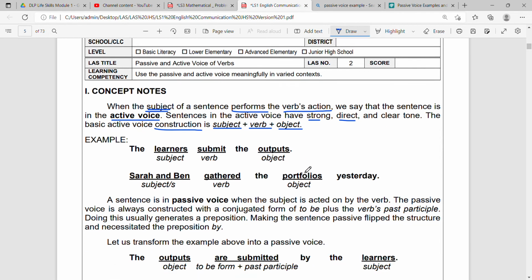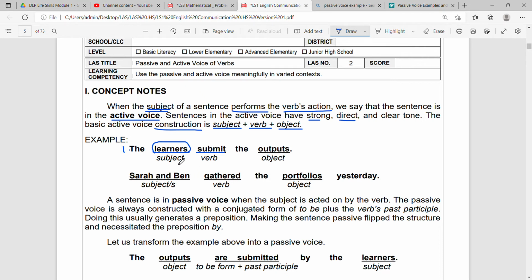Okay? So here are examples of active voice, sentences in active voice. First one, the learners submit the outputs. Mao ni ang gihisgutan sa sentence. Ang mga learners. How many learners?